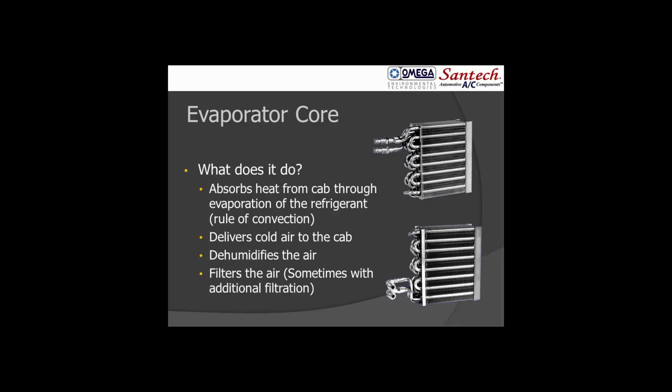Refrigerant moves from the bottom to the top, and as it moves through there, it finishes evaporating, converting back to a gas. And when you evaporate something, it absorbs a tremendous amount of heat. It's moving all of that heat from the inside into the evaporator, into the tube, into the refrigerant inside of that tube, and is then carried on out of the system.